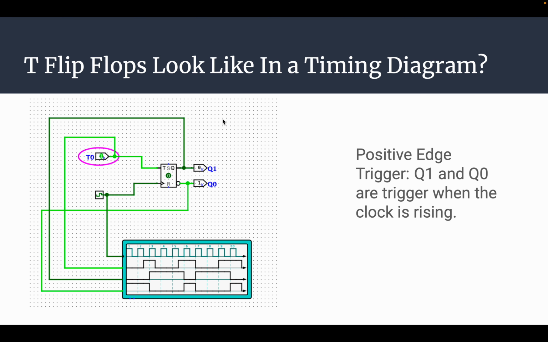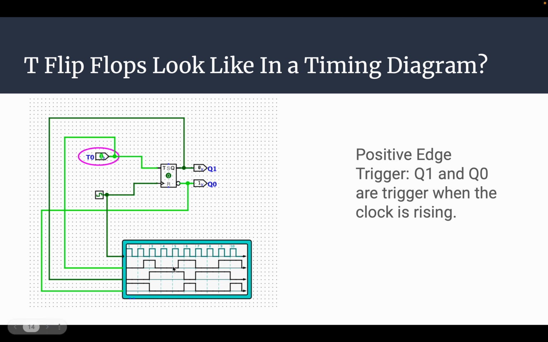As we go over here, we can see that our T value is going to be our input, and this is our positive edge, sorry, I forgot to mention that. Whenever the positive edge is triggered, that's when Q1 is going to be triggered as well. And it continues on.